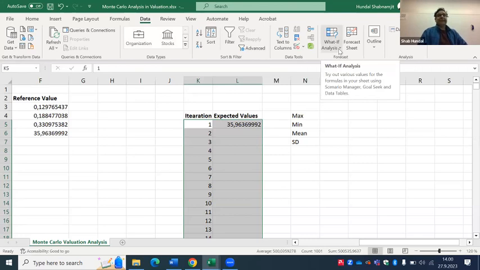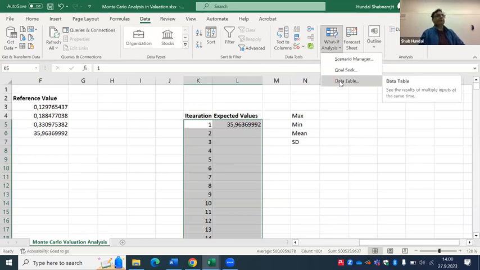In the data tab, when you click, do you see what if analysis? All of you? Sarah, look, data. And then there's a what if analysis. Do you see that? All of you. Click this and see data table.